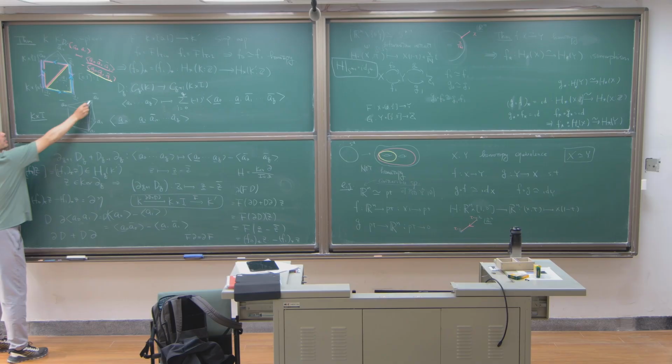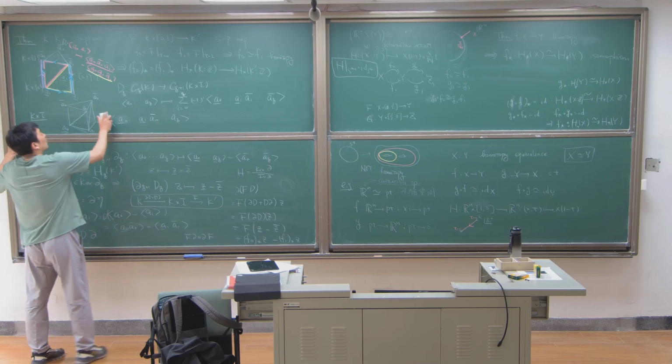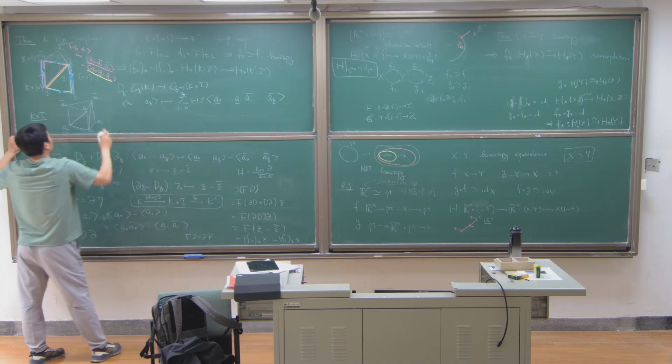And also A0, A2 is like this way. So we just define the Q simplex. It's not sufficient to only define the Q simplex. We should define the simplex, and that's true.